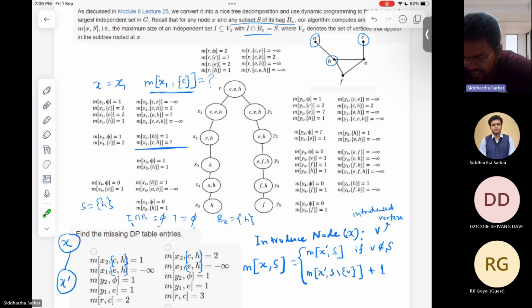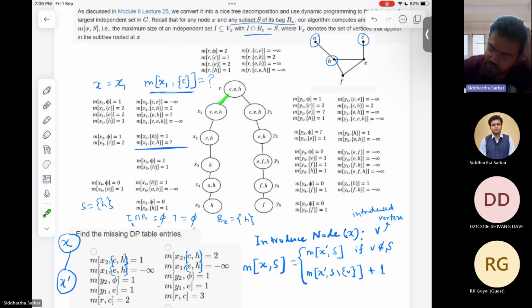In this exercise, some of the table entries are left blank. Some of the table entries are question marked. So we want to find these table entries. To find one table entry, the first thing we do is to decide what kind of node it is.